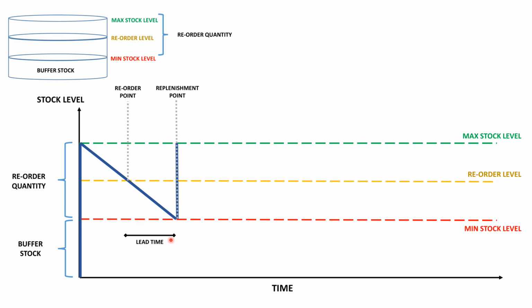The quantity of material ordered is the economic order quantity or EOQ. That is usually equal to the difference between the maximum stock level and the minimum stock level. As soon as the stock reaches the site, the godowns are refilled in such a way that the stock which was at minimum stock level is now completely full and reaches the level of maximum stock.